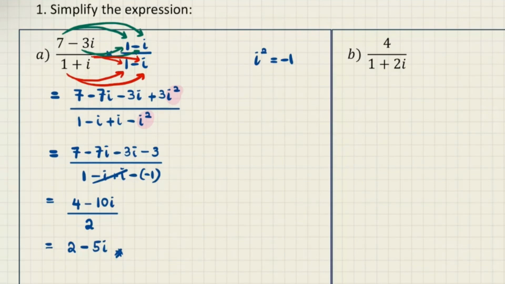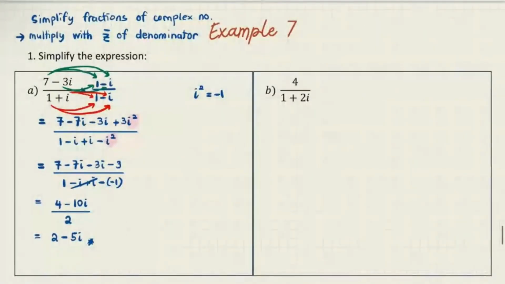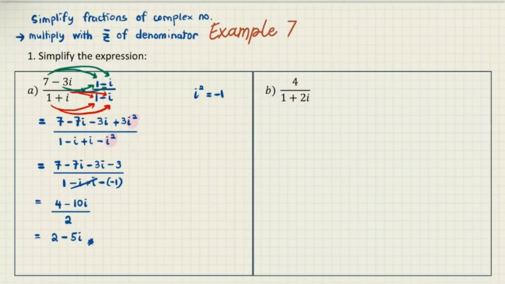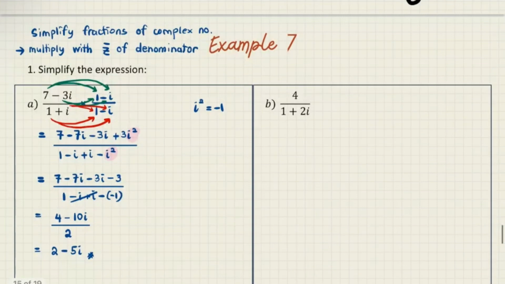Okay, so ini maksud simplify lah, daripada bawah ni ada fraction, ada complex number kepada tiada ataupun dia jadi real number sahaja. Okay ke ni? Boleh faham tak? Ke tak boleh? Boleh, ni okay.